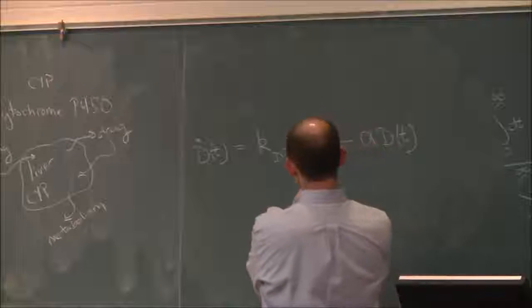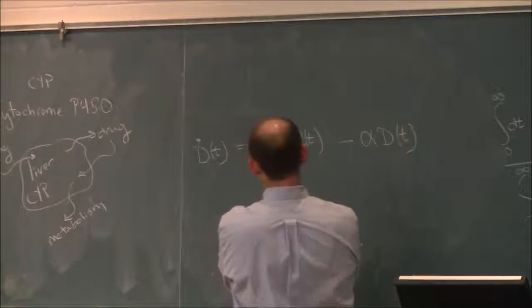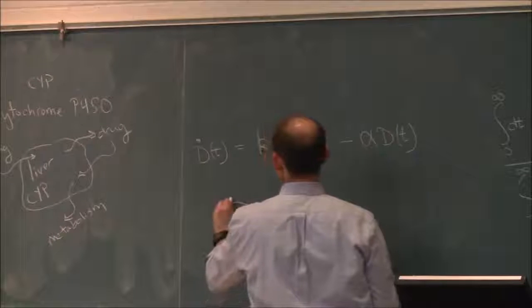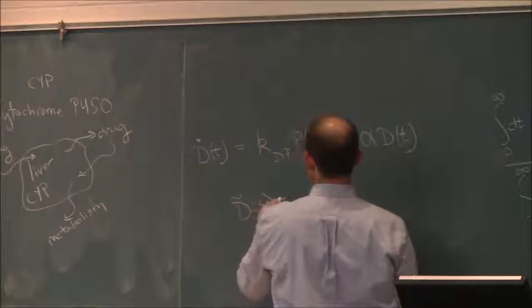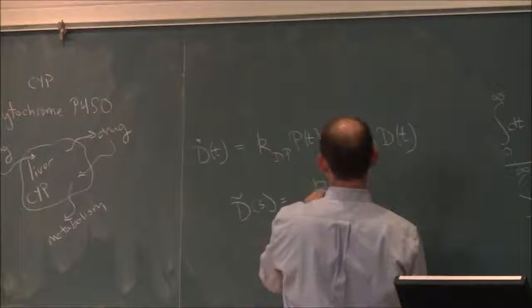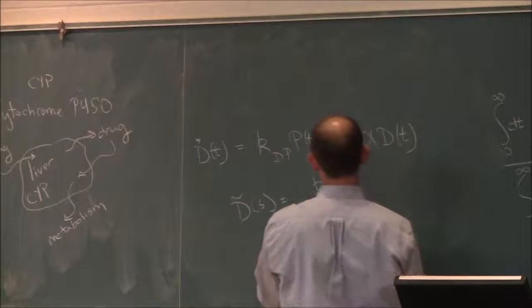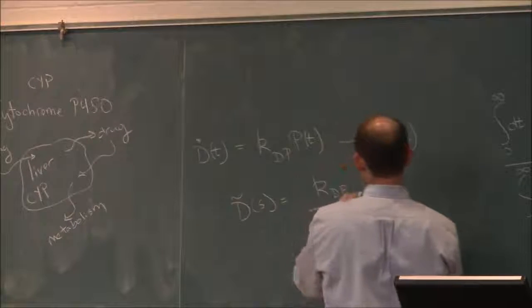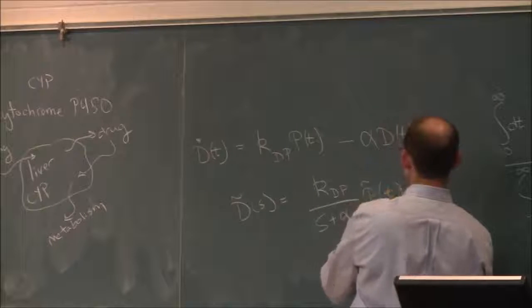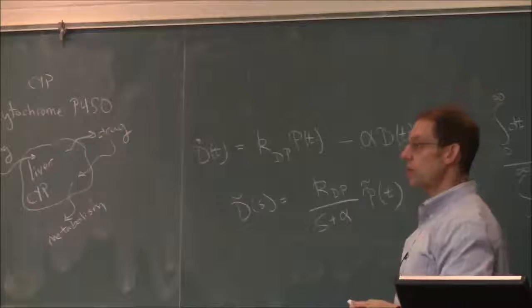So here the transfer function, we'd have D of s is equal to k prodrug to drug over s plus alpha times the input prodrug that we control.